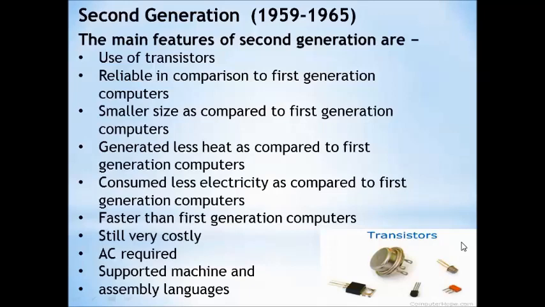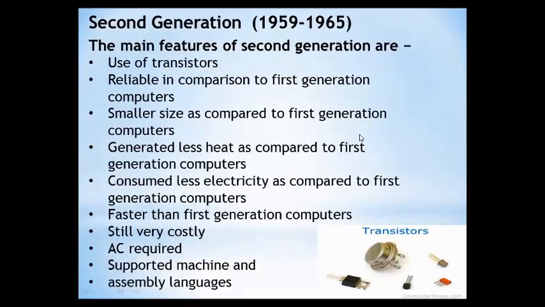They became more reliable, used to generate less heat and used to consume less electricity. They were much faster than the first generation computer, but they were still very costly. Along with the machine language, the second generation computer also supported assembly language for doing the coding and programming.